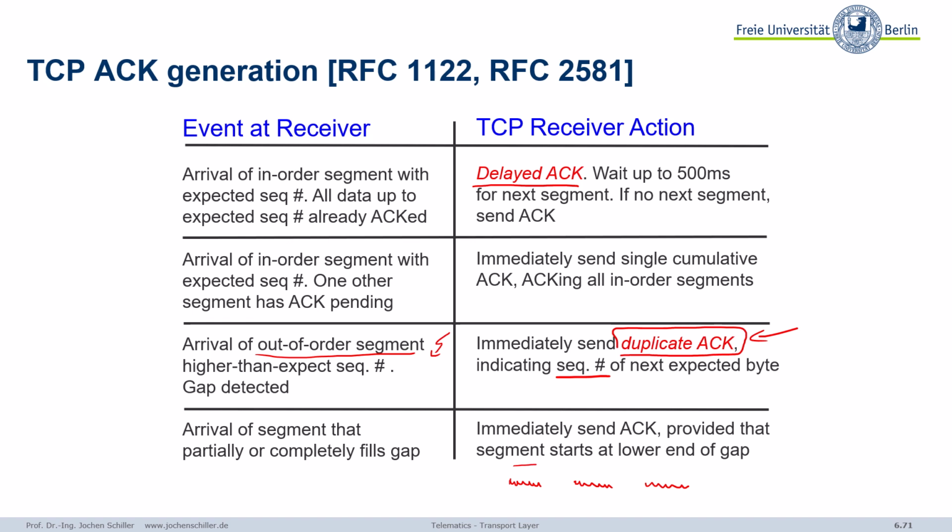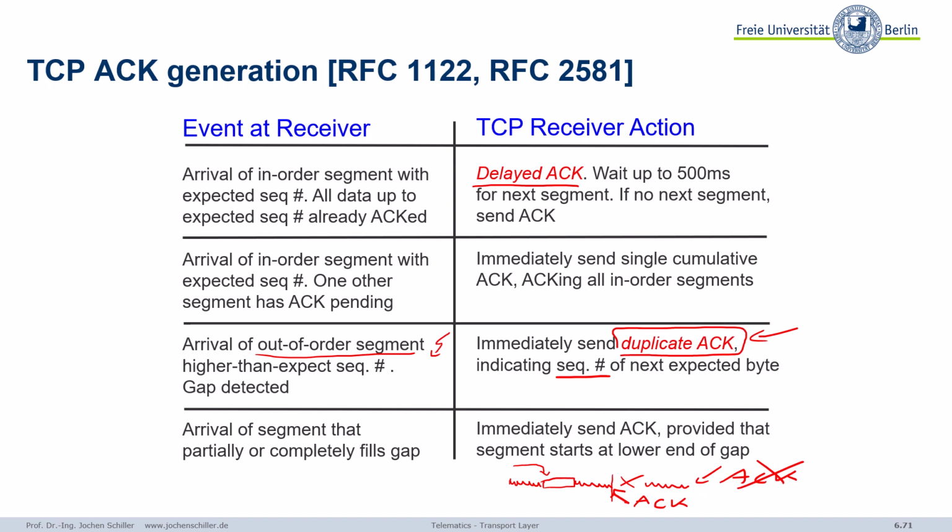And if you now receive a packet that actually fills this gap here, then you can acknowledge everything up to this byte. You still have a gap here. You cannot acknowledge everything up to here. You can acknowledge everything up to here because you filled a gap in this example. So this is how this works.